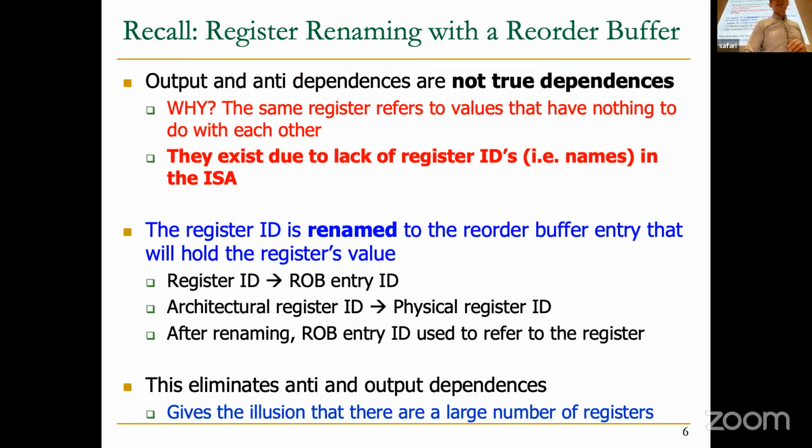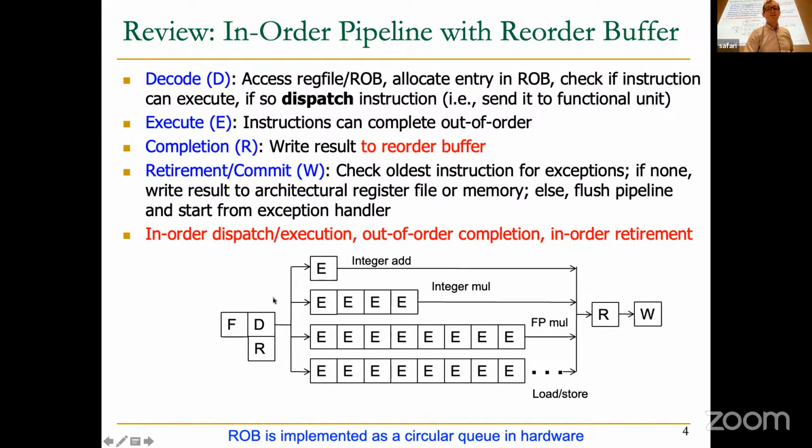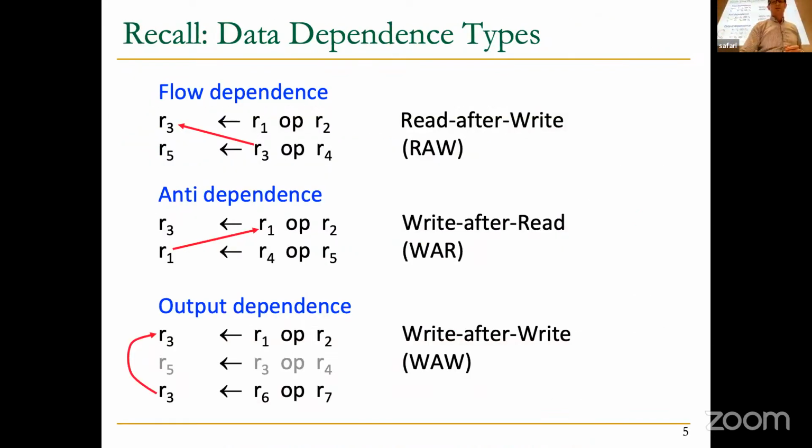And the benefit of this is that it eliminates anti and output dependencies so that when you're dispatching an instruction in a multi-cycle execute machine early on, you don't need to stall. So basically, you can dispatch instructions by eliminating anti and output dependencies. You don't need to stall at this point. Okay? So as long as these instructions are ready to go.